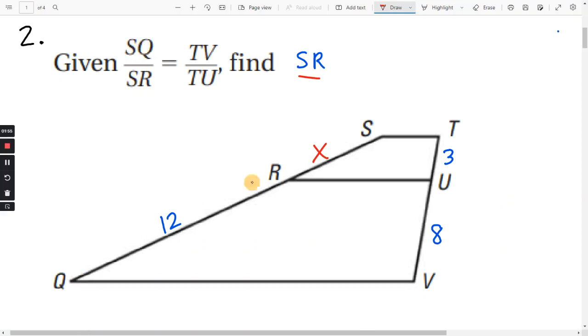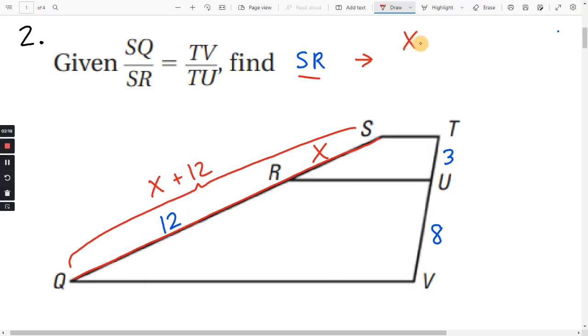Now SQ runs all the way from S to Q. So this side length right here is actually going to be x plus 12. So in place of SQ, I'm going to put x plus 12. SR is x.